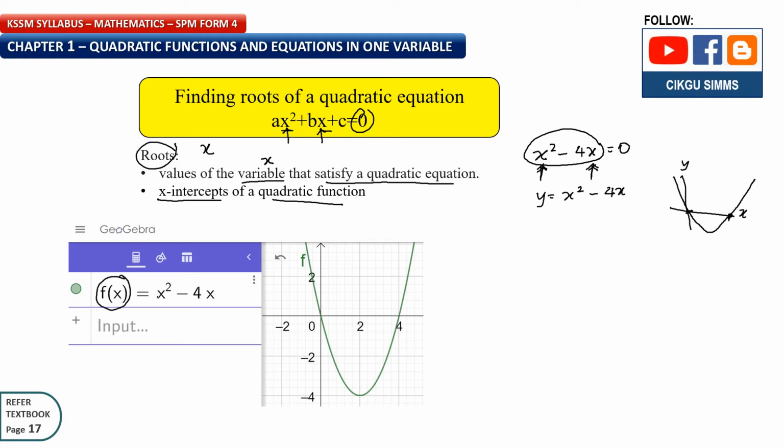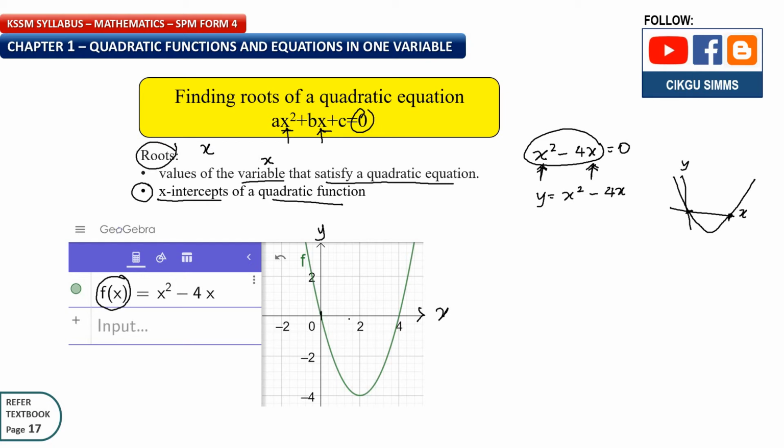Function of x equals x squared minus 4x. We can see this is the graph here, this is the x-axis, and this is the y-axis. Based on the second definition, the roots are the x-intercepts, right?